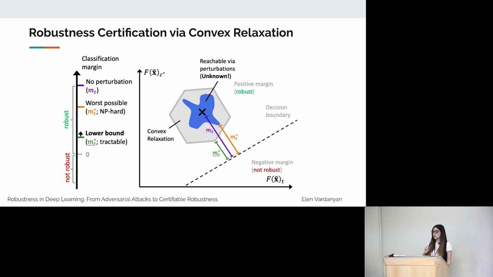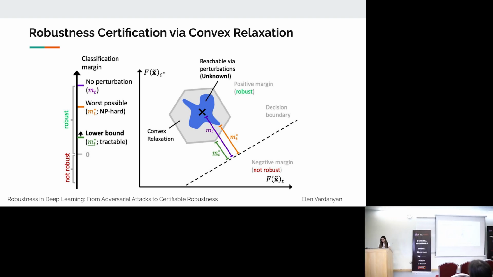To give a more intuitive explanation of this convex relaxation, say we have this input x and we have this blue set of perturbations. This does not necessarily have to be in a nice form. It can look like this. And we have this decision boundary here.